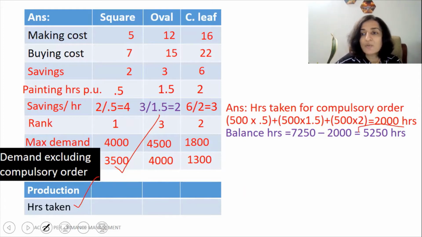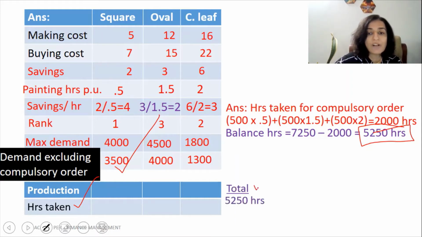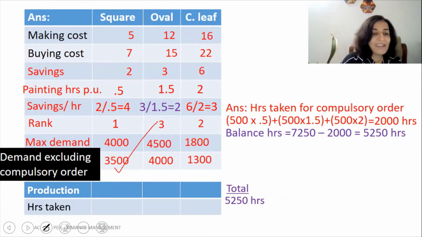Now, how many hours do we have balance left? It's just 5,250 hours. So let's make a note of that too. So total hours left with us is just 5,250 hours. We are going to paint the entire quantity of 3,500 units. So I've written 3,500 units against the production or the painting work. And how many hours are taken?